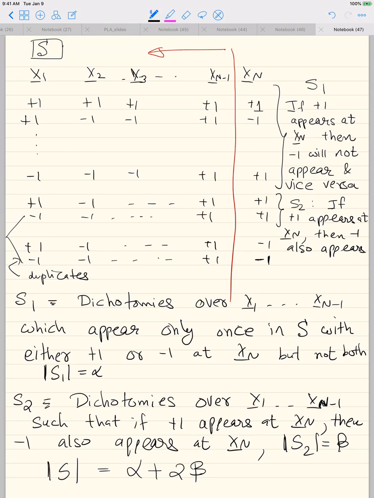S2 will be the collection of all vectors such that if you add +1 and -1, both of them will be in the original set S. This is without loss of generality again. You can always partition S in this form. Perhaps the size of S2 is 0 or the size of S1 is 0, but that's okay with us. You can always do this splitting of S into S1 and S2. Any other questions?